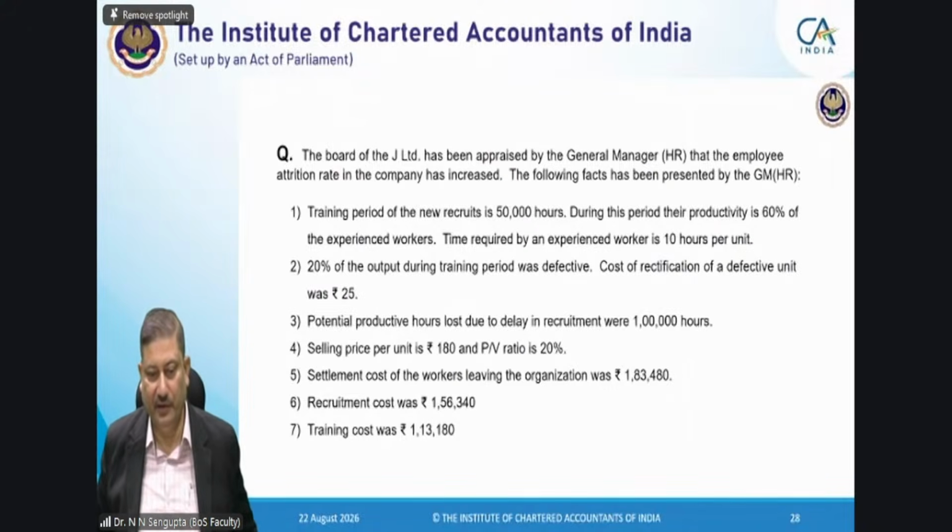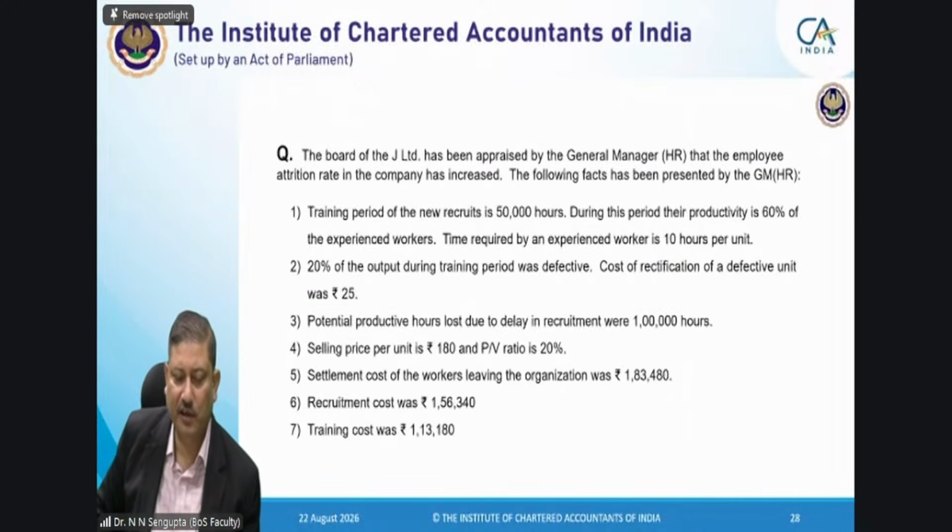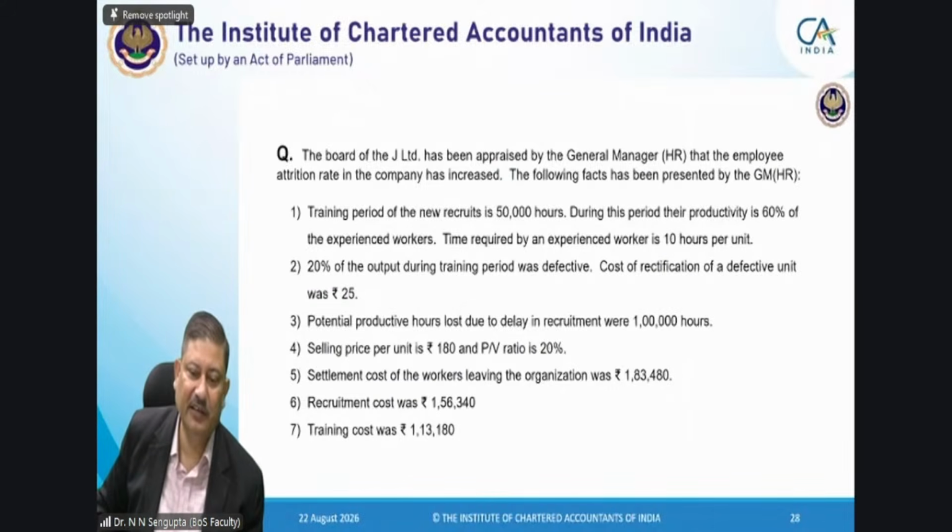So they were going through the training program and their productivity was less. I think that's the normal phenomenon when a person joins an organization, till the time he or she is fully trained, there are chances that their productivity will not match the experienced worker.